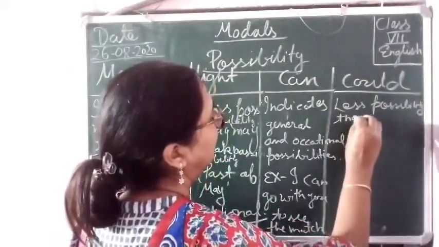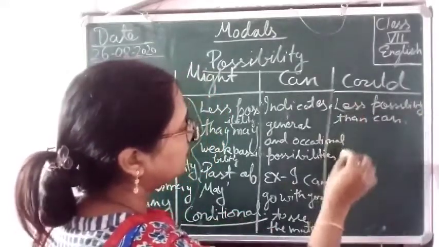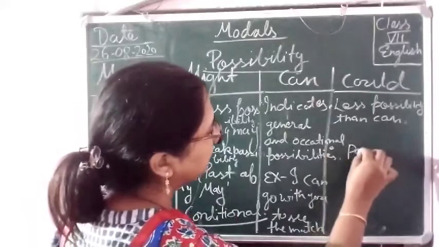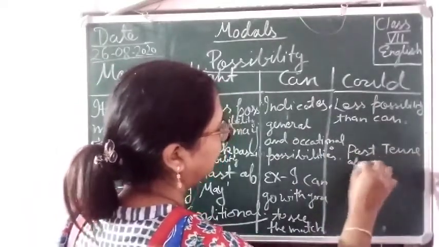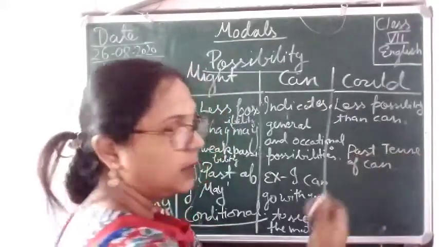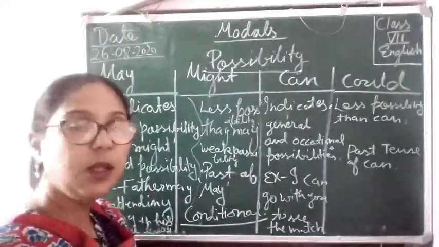And it is also used as a past tense of can. Can in the past tense becomes could, so that time we can use could.